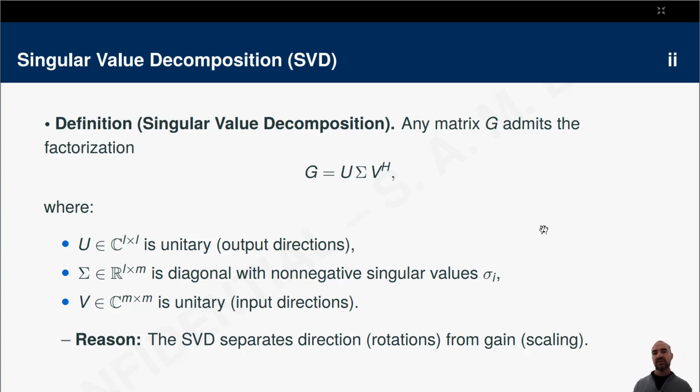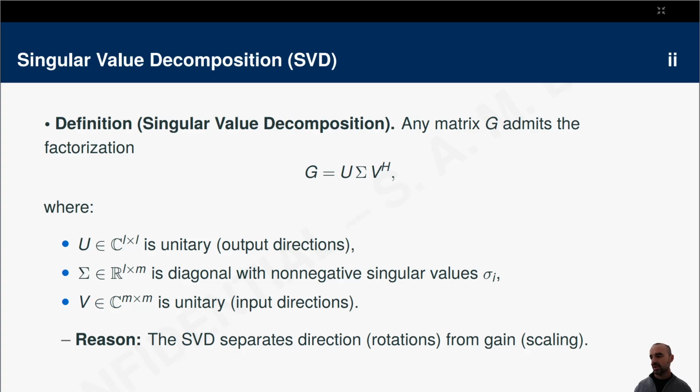Now let's look at the definition of singular value decomposition. Any matrix G admits the factorization G equals U sigma V superscript H. U is unitary, the output directions. Sigma is diagonal with non-negative singular values sigma i.